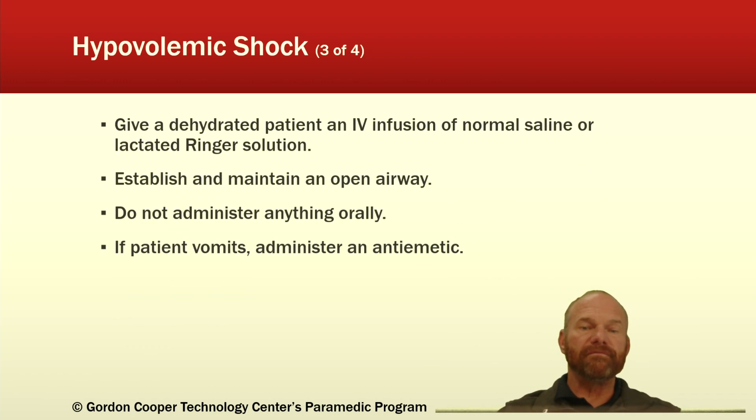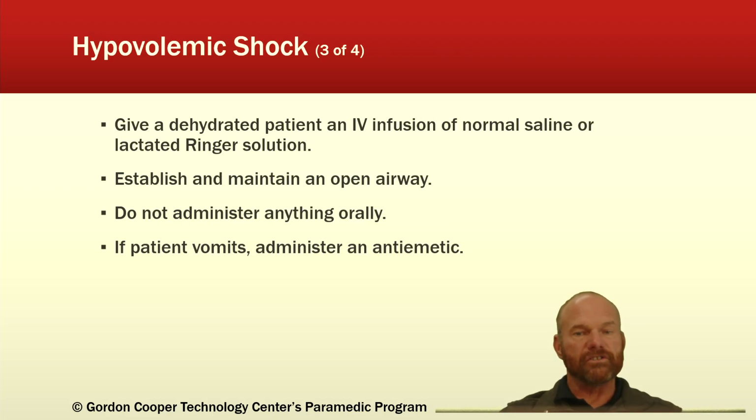So management of dehydration. Administer an IV of normal saline or LR solution to rehydrate the patient. Put them in a position to optimize circulation to the brain in accordance, obviously, with your local protocols. Want to make sure we're doing airway management, IV line establishment, getting that IV, and then administering some saline or LR.